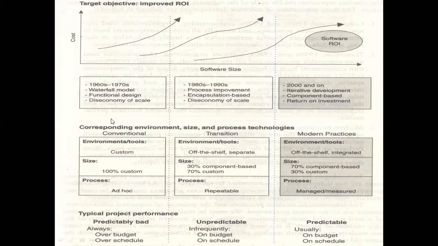In conventional, the process was very much immature, that's why it is said to be ad hoc. In transition it is repeatable. Repeatable means crises are happening, failures are happening, and you have to repeat. That's why it is repeatable. You can relate it with your repeatable phase that we have discussed in the maturity framework. And in your modern practices it is managed and measured.